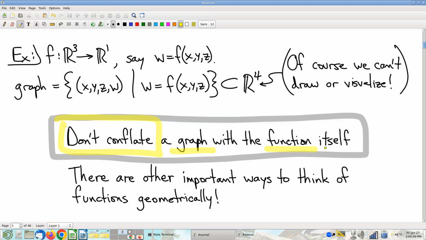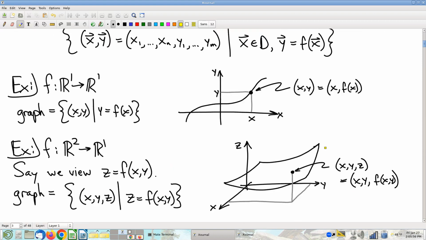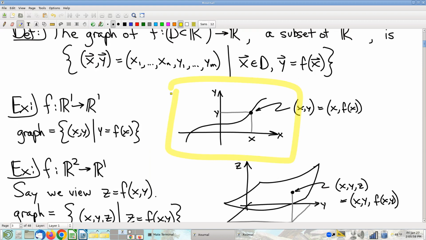Now, you can get away with this in a Calc 1 class or a Calc 2 class. In single variable calculus, graphs are pretty great. There's really nothing to complain about with this picture. It's a two-dimensional picture I'm drawing on a two-dimensional screen. Perfect. It is a one-dimensional curve that I'm drawing with a one-dimensional pencil. Couldn't ask for a better match.